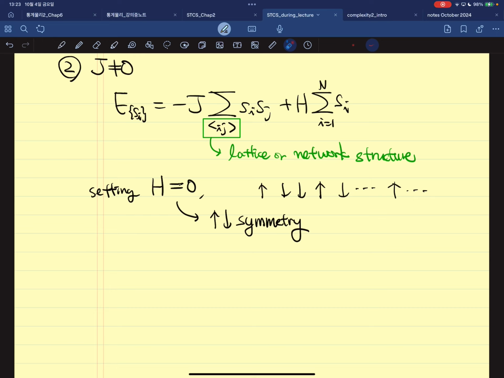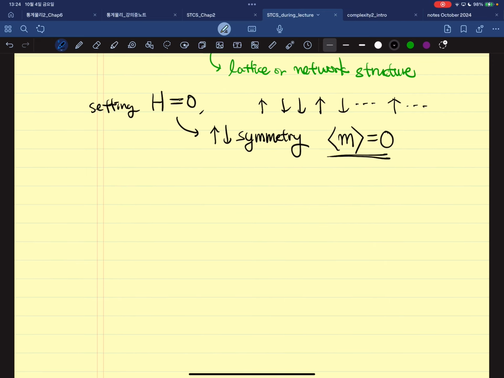And of course, if you take average of this configuration, even without any calculation, you may expect that the real average magnetization should be 0. And that's actually true, but this fact, the average magnetization vanishes, can occur in a very different way. For example, suppose you have this kind of random configuration every time, a very disordered state every time.